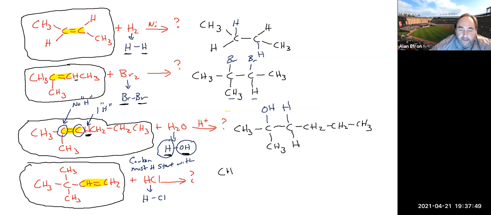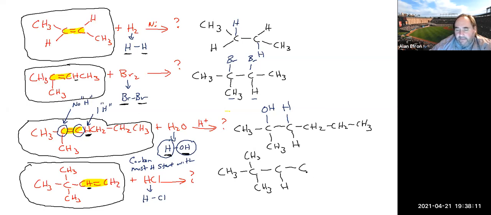So without thinking too much, I'm just going to copy basically what's there. Again, I'm going to put that hydrogen down so we can have a little more clarity of seeing what's happening. That's going to bring me to my double bond that now becomes a single bond.